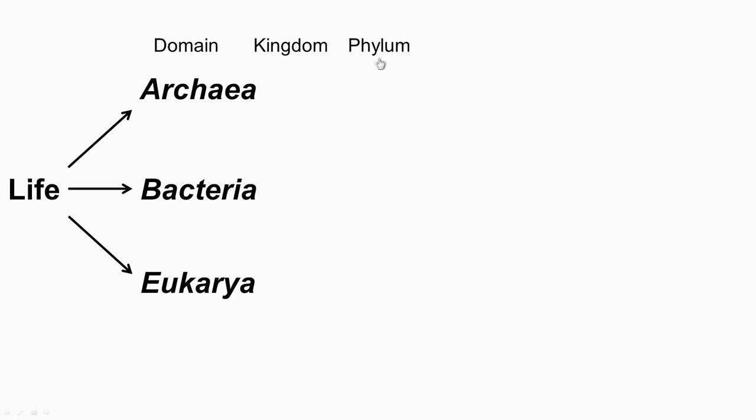Each kingdom has many phyla, phylum singular, phyla plural. Each phylum has many classes, each class has many orders, each order has many families, each family has many genuses, and each genus has many species.